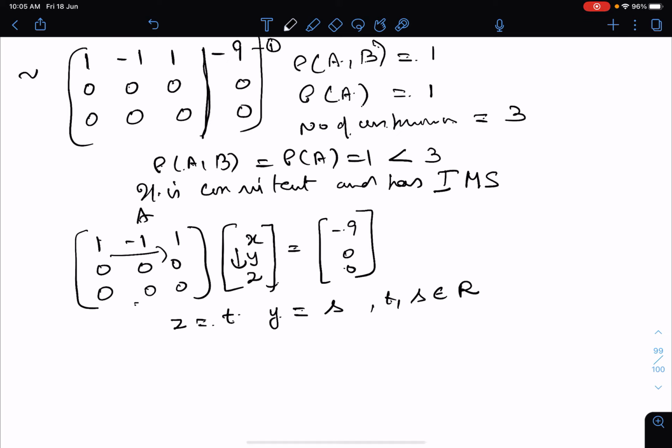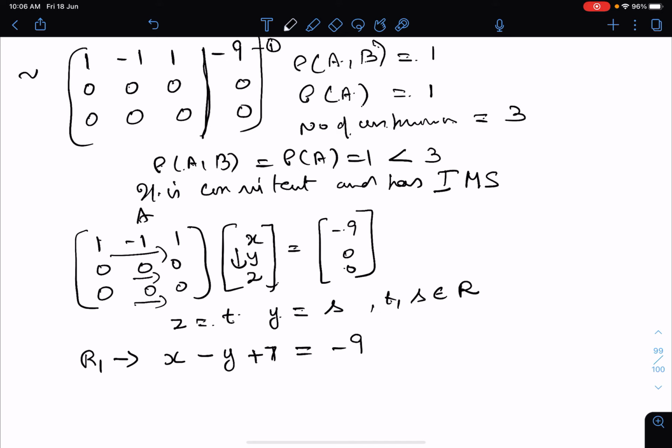So back substitution, when you do this, it's going to be 0, this is going to be 0. So you are going to go to your row 1. Actually you start from row 3. Since it is 0 here, we are going to our row 1. What does this give? X into 1 gives x, minus 1 into y gives minus y, and 1 into Z will give you plus 1, that is equal to minus 9.